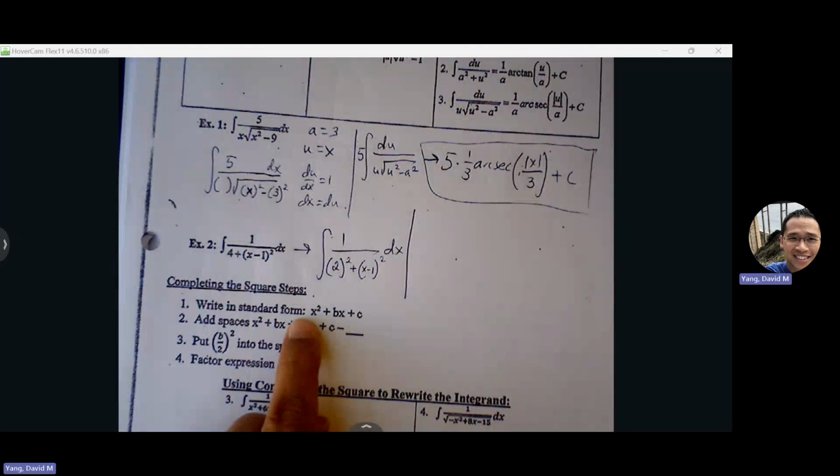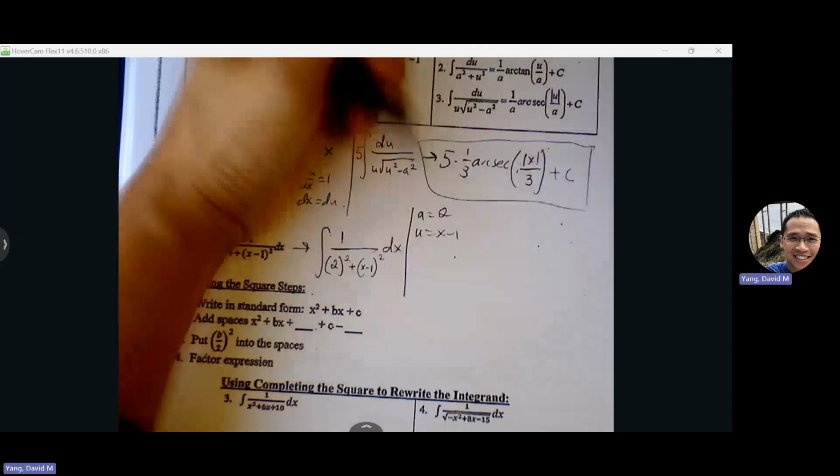X minus 1. So whatever's inside the parentheses is your a and u value. Sometimes students ask, wait, how do I know which one's the a, which one's the u value? Your a value will just be the constant. Your u value has the variable in it. Okay, so your u value is the variable expression. So my a is 2. My u is x minus 1.